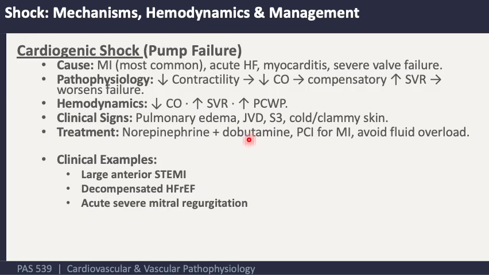If they have had an MI, they need to go to the cath lab for percutaneous intervention. But you also want to avoid volume overload because they're already starting to show some signs of pulmonary edema. Clinical examples include large anterior STEMI, decompensated heart failure with reduced EF, and acute severe mitral regurgitation.